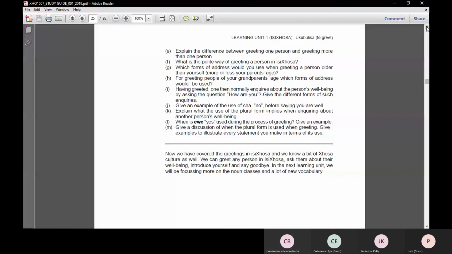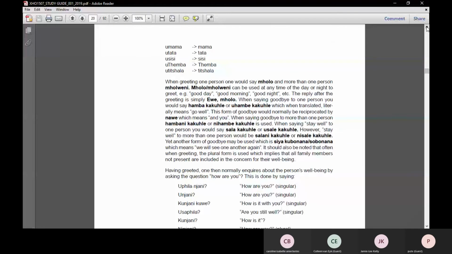I'm scrolling up, because when greeting, let me read this passage. When greeting one person, one would say molo, and more than one person moloni.